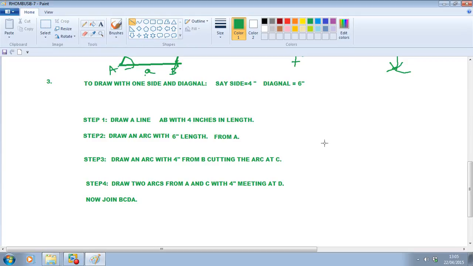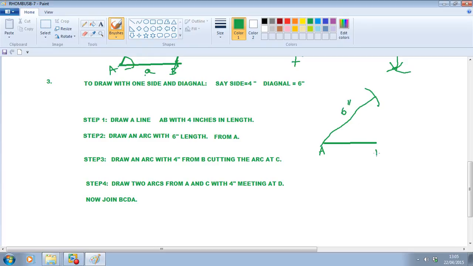So first draw a line of 4 inches. Next, from A, draw an arc of 6 inches. This is 6.